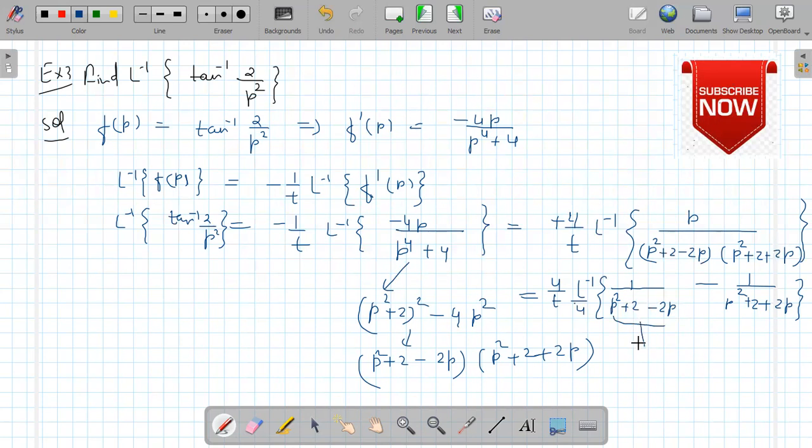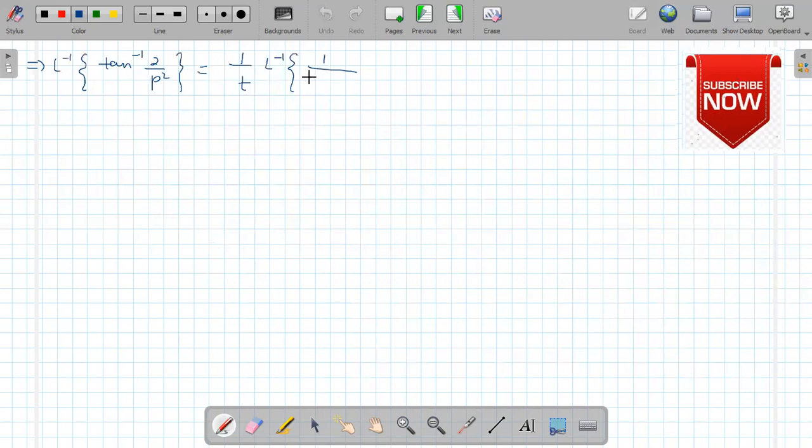If you make it a perfect square, what will you write? p minus 1 whole square plus 1, and p plus 1 whole square plus 1. Okay, so we'll put these here: 1 upon p minus 1 whole square plus 1 minus 1 upon p plus 1 whole square plus 1.